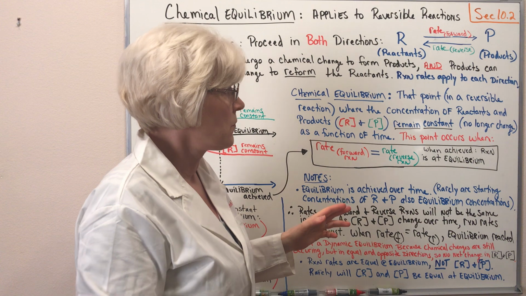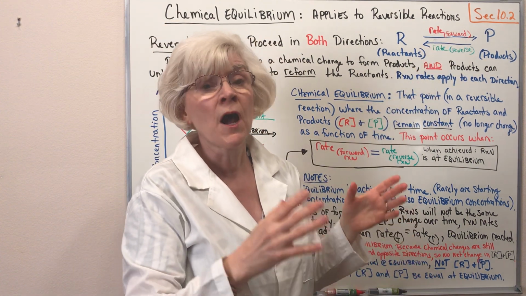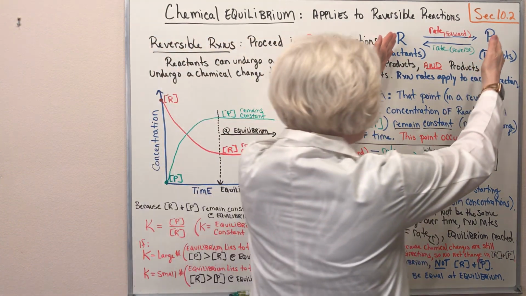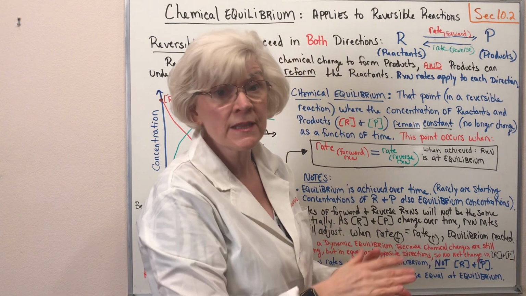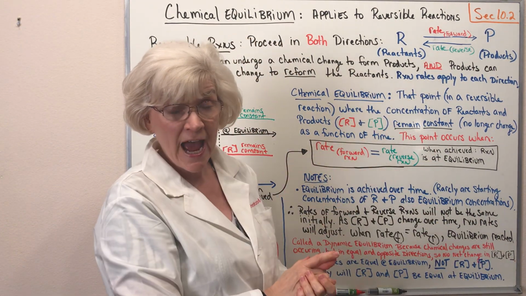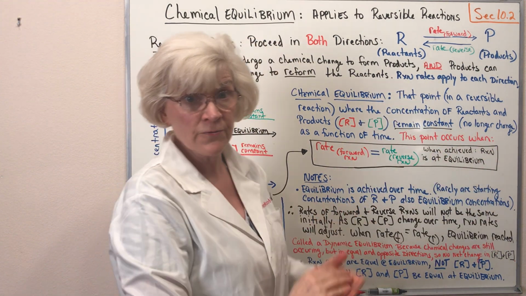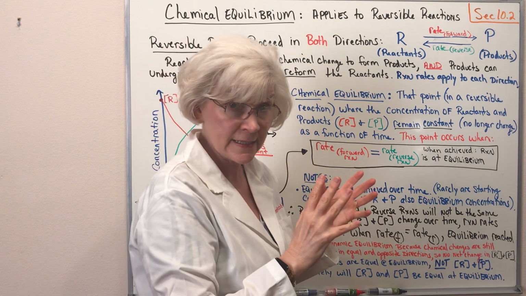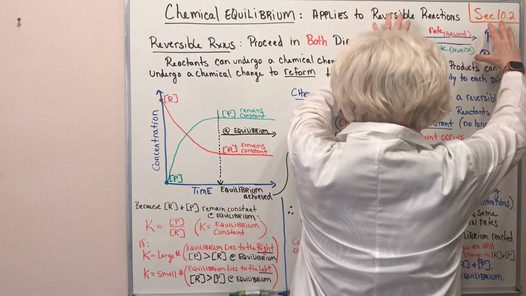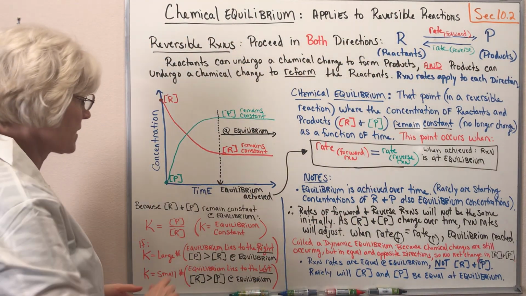Once you reach that point where the rate of the forward and the reverse reactions are equal, then you can't be observing any net change in the amount of reactant and product. As fast as reactant is changing to make product, product is reforming the reactant at that same rate. So you see no net change in the concentration of reactant and products.